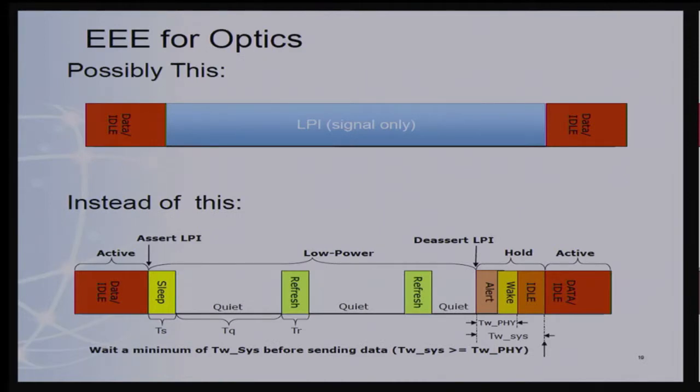So going back to the picture, it might look as simple as going from the active idle mode to sending the LPI signal by itself and then back to active idle again, but that means that the system designers have to do something with that signal in order to achieve the energy efficiency.